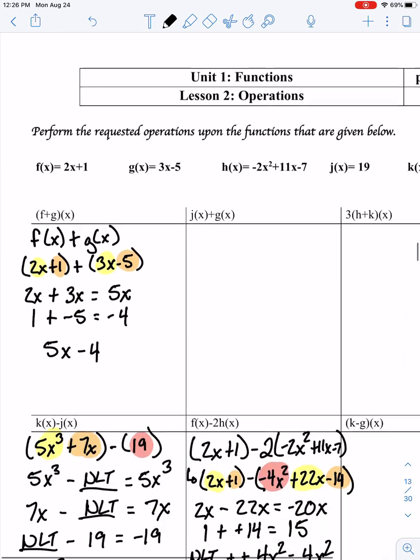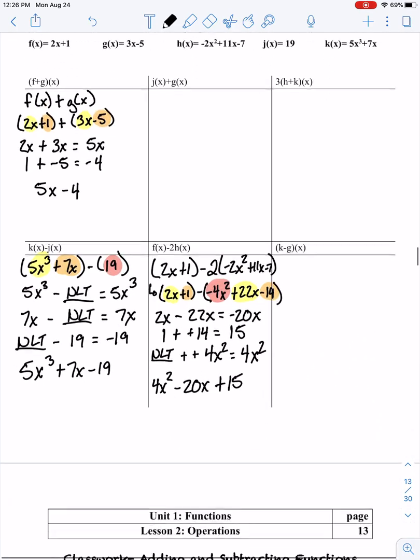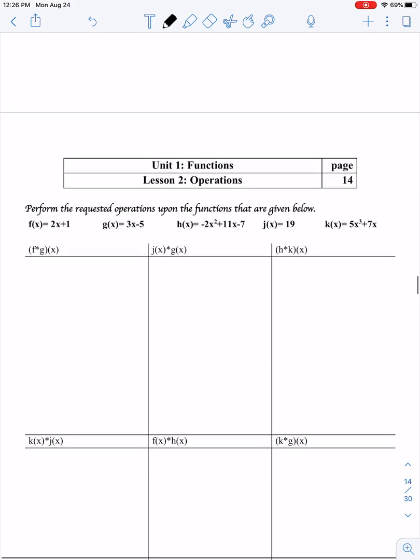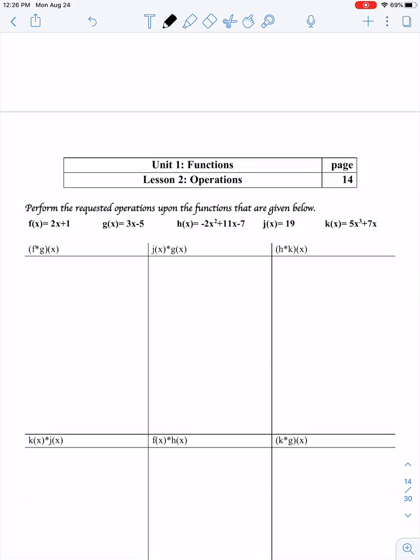So I'll go to page 13, I believe, 14, for function operations, multiplying functions.